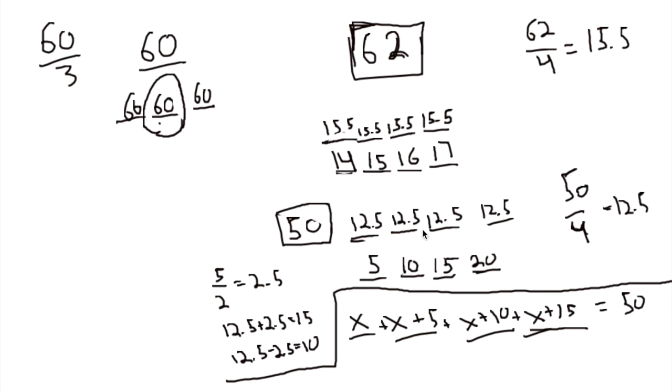So an easy way to do this is you can say, how far apart are they? 5. Divide 5 by 2 and you get 2.5. Then you add 2.5 to this average value and you get 15. Then subtract 2.5 from it and you get 10. So 10 and 15. And that gives you the 2 values, 5 apart from each other, whose average is 12.5.